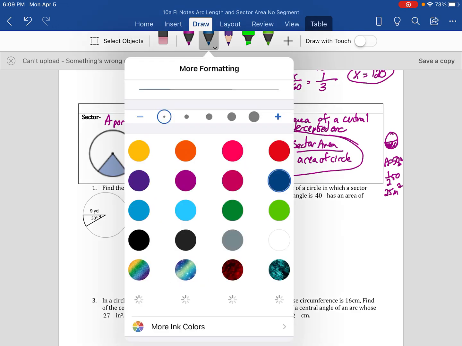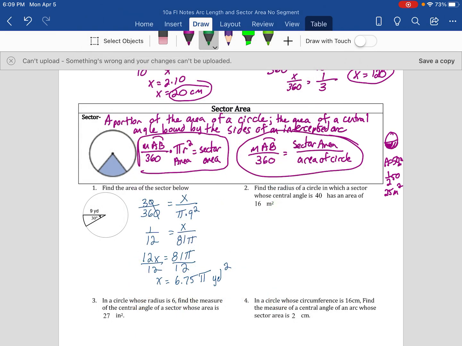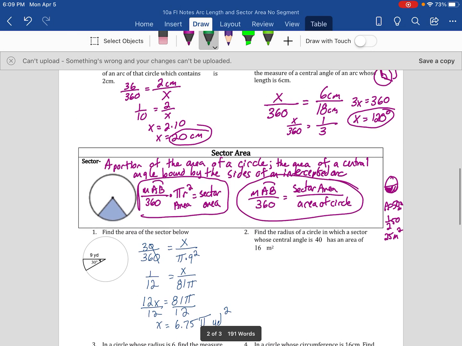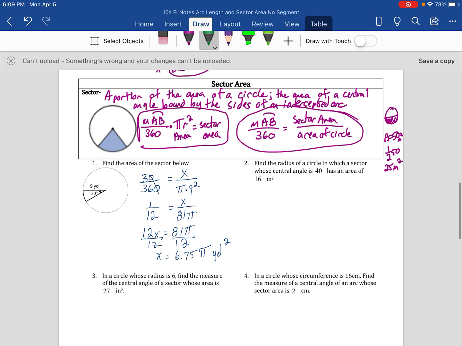Okay, now here is an example where the proportion is actually better to do. So in this case, it says find the radius of a circle in which a sector whose central angle is 40 degrees has an area of 16 pi meters squared.